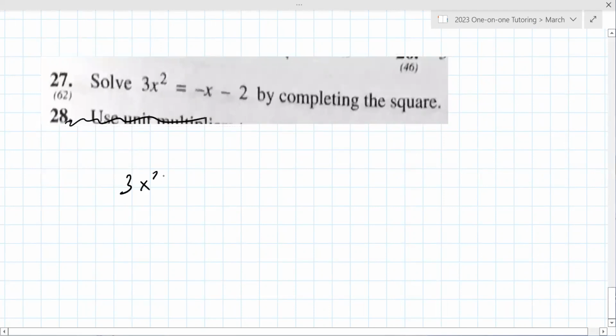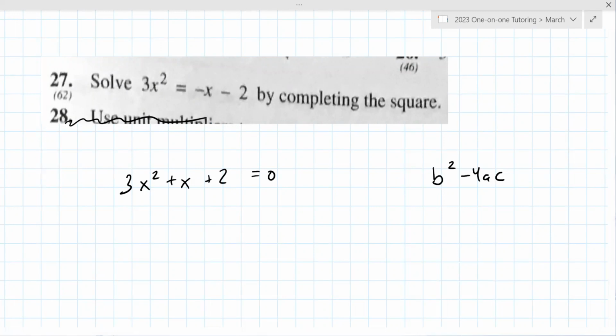So it's 3x squared plus x plus 2 equals 0. Go ahead and calculate that b squared minus 4ac for this problem, please. Negative 23. I got negative 23 as well.